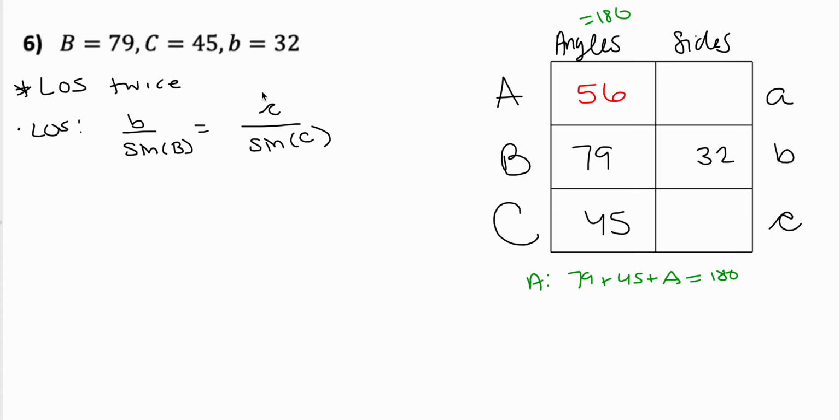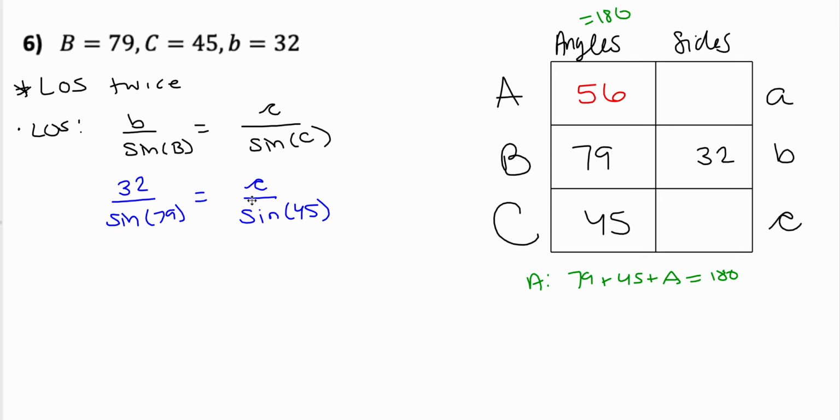Plugging in the numbers, little b is 32 divided by sine of 79 is equal to little c over sine of big C, which is 45. Now I'm solving for little c, so I just have to get whatever is attached to it off of it.